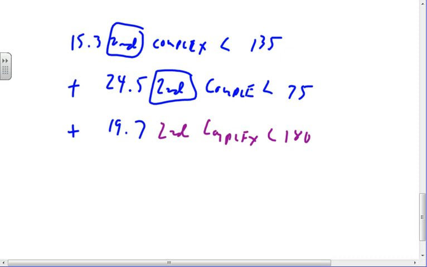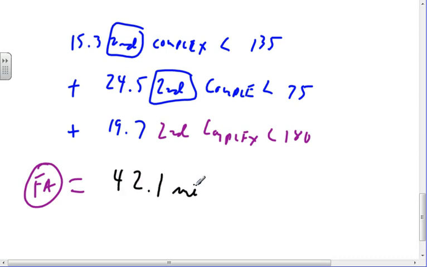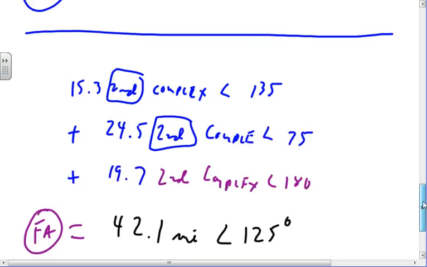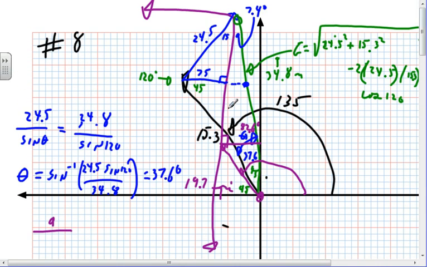Enter. And so my final answer, if I would have done the problem right, should have been 42.1 miles at an angle of 125 degrees. That's what I got. Miracle of miracles. Now, if I go back up, erase everything, I could probably get there from here.